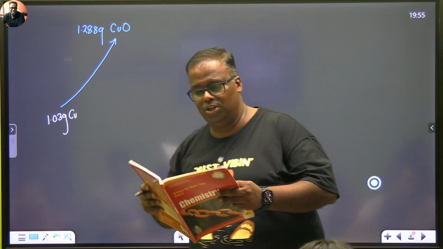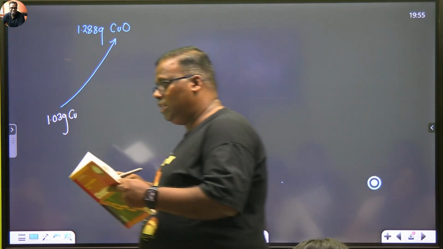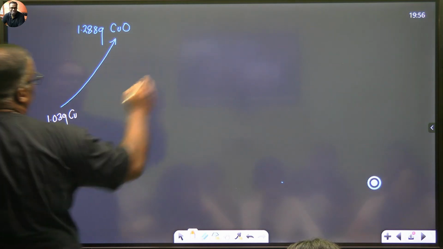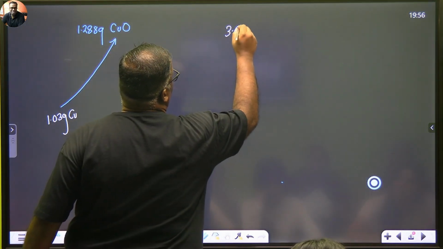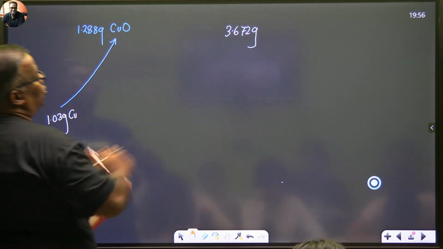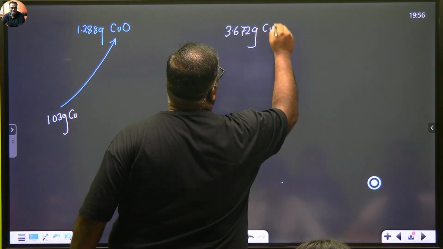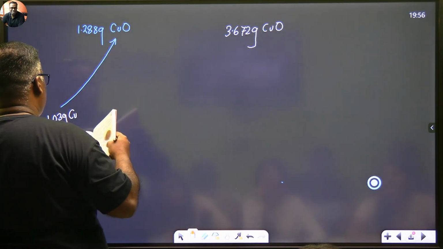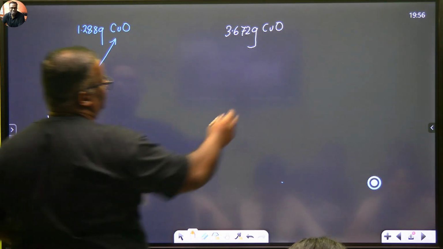Okay, the problem is not yet over. And there was another experiment. In another experiment, 3.672 grams of copper oxide. ये हमारी दीप्ति मैडम ने कहीं से बना लिया है. This much of copper oxide, on reduction.